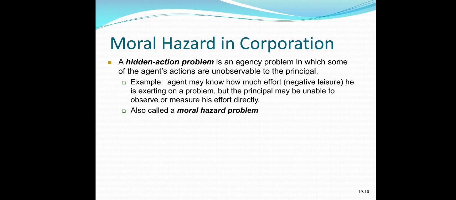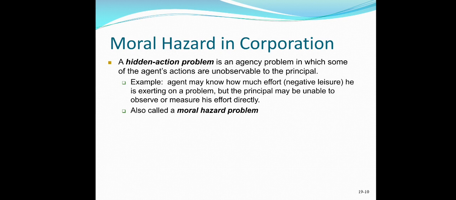Okay, moral hazard problem is another agency problem. According to this explanation, the problem is like this. The principal has no complete information about how the agent behaves.